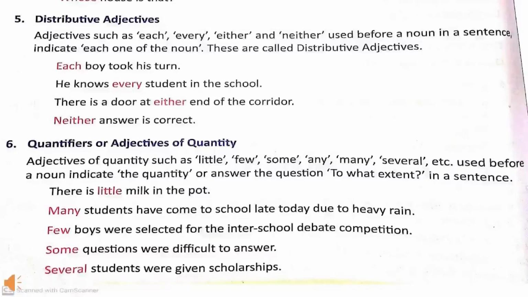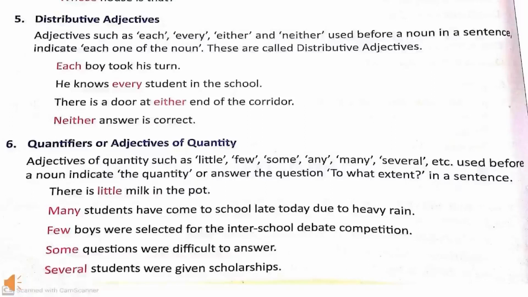Sixth kind is adjectives of quantity or quantifiers. Adjectives like little, few, any, some, many, etc. are used before a noun to tell the quantity or answer the question to what extent. For example, there is little milk in the pot.